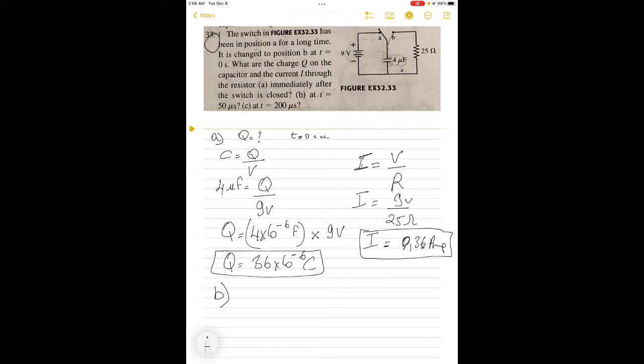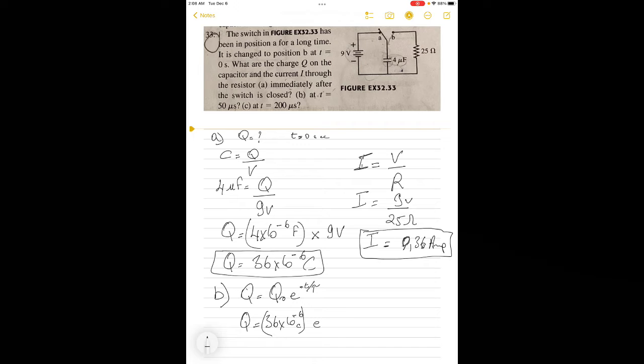So that has to do with the RC circuit discharge formula, and that's Q equal to the initial charge times e to the power of minus time divided by the time constant, and this will give us the charge. What's the initial charge? That's 36 times 10 minus 6 coulomb.